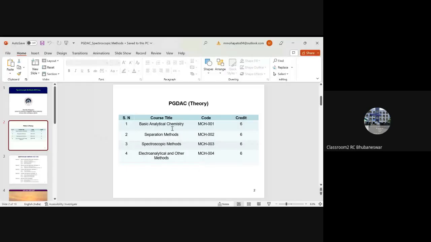In the first unit it was basic analytical chemistry, so you will have pH metry, conductivity, basic concepts. Separation methods consist of different chromatographic techniques, gas chromatography, liquid chromatography, various techniques. So a little concentration is needed.